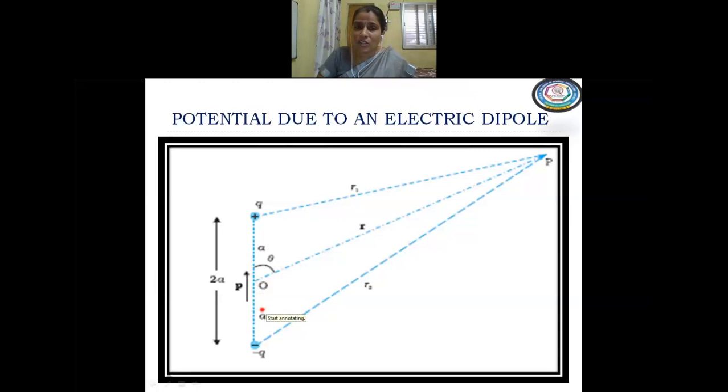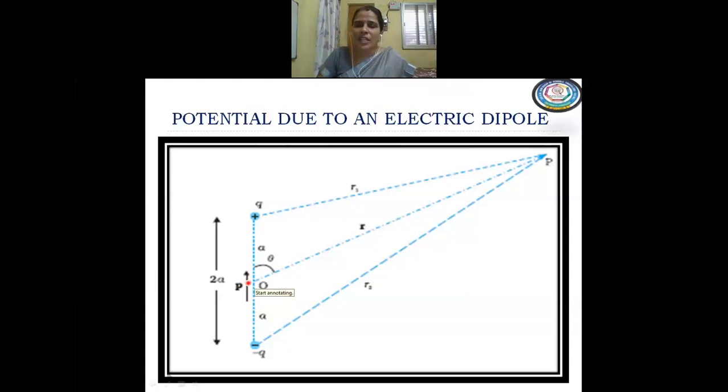And what is the direction of the dipole moment? The dipole moment direction will always be from the negative charge to the positive charge. So this is the direction of the dipole moment.